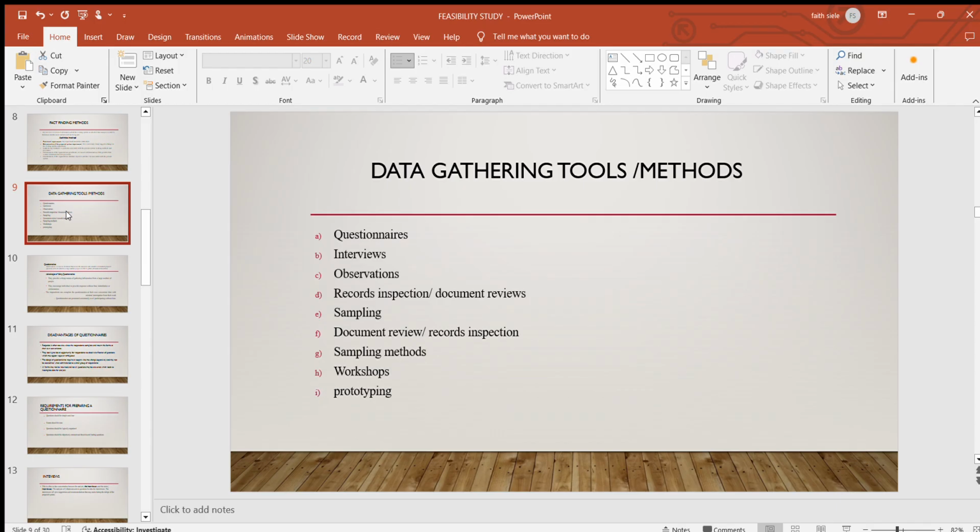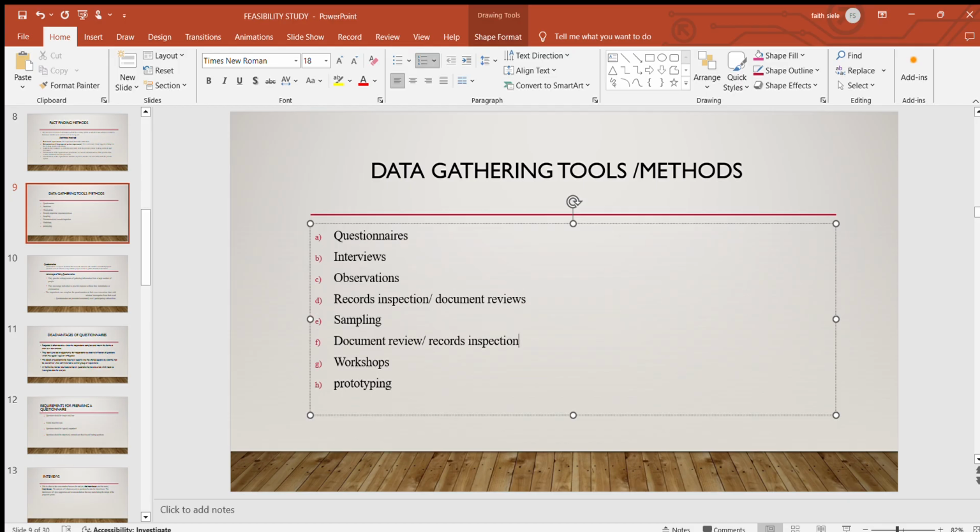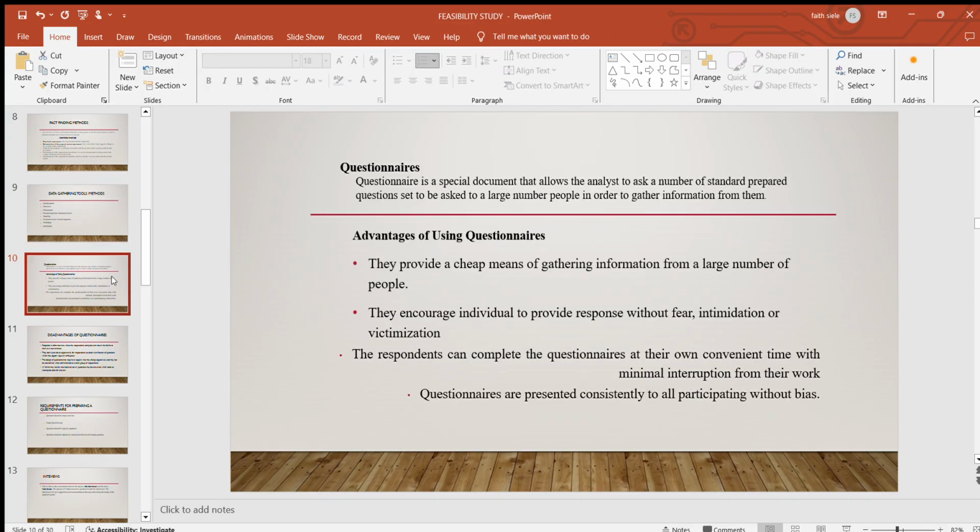We have workshops. We have prototyping. Let me remove this one because it's just the same as what we've mentioned earlier about sampling. So we have workshops and prototyping. Let us look at them one by one. We see what it talks about.